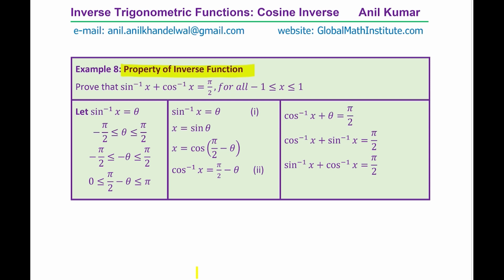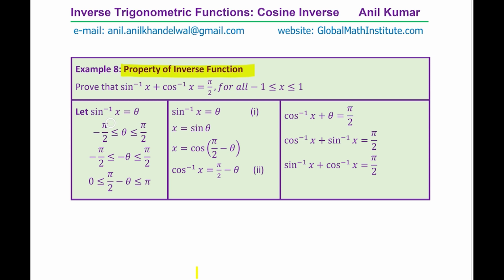Now, most important thing here is to look into the domain of the function, right? When I say sine inverse x equals theta, in that case, theta is between minus pi by 2 to pi by 2. That is how we define inverse of sine function, correct?